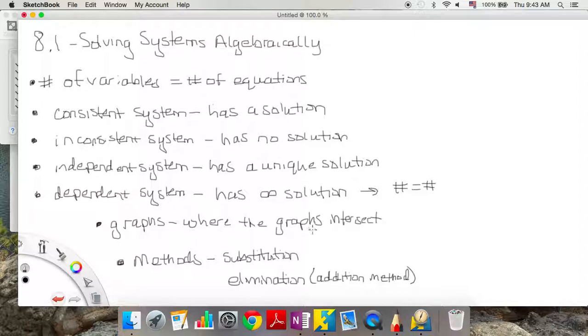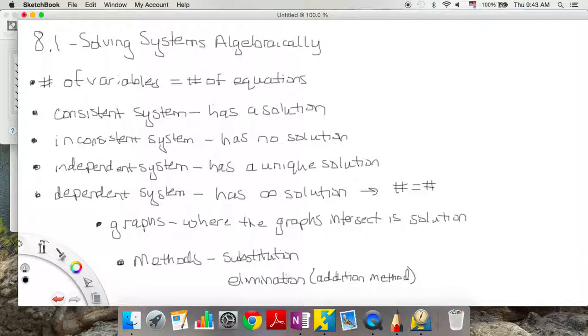Or if you have three planes, which would be with x, y, and z in the equation, then it's where the three planes intersect. But your solution is always where those pictures intersect. Because remember, the graph is a picture of all the different solutions for that one equation. So if you want a picture of what solves both equations, it's where they intersect.